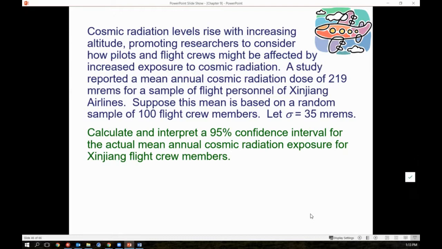So on your notes, instead of S equals, it should be sigma equals 35.